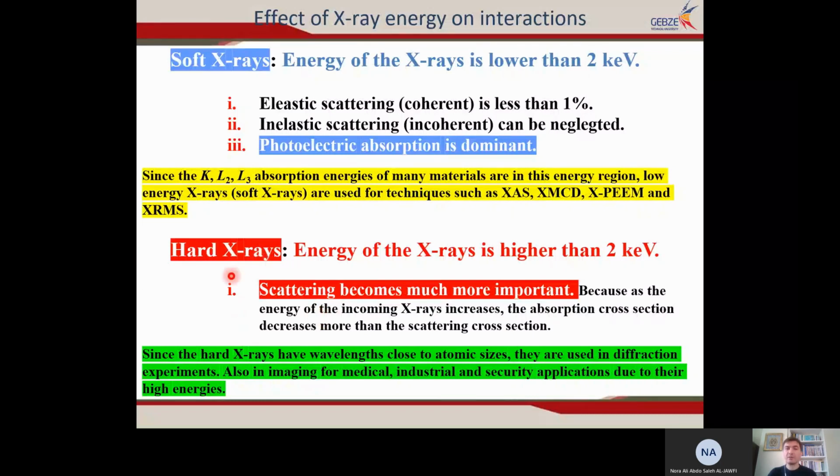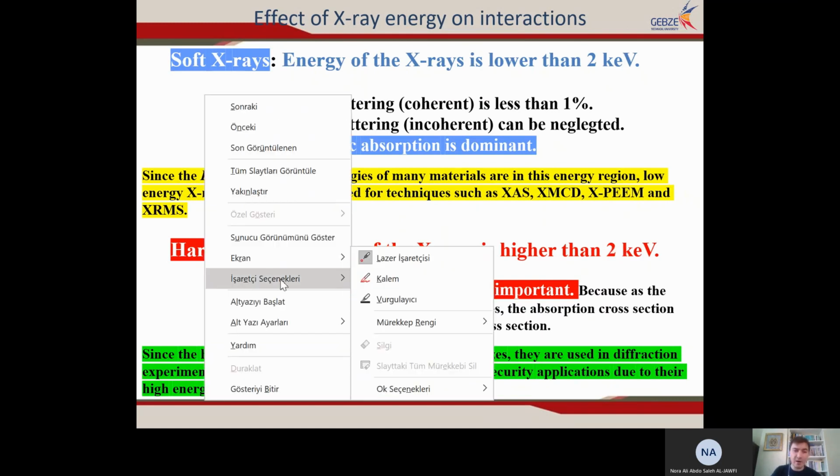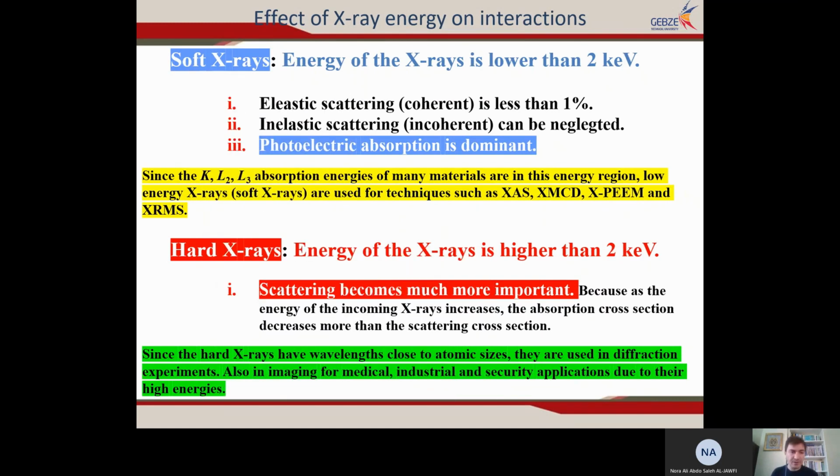Why? We are talking about very energetic X-rays. Energy is higher than 2 kiloelectron volt. For example, let's discuss the copper K alpha radiation. The energy of the copper K alpha radiation is 8048 electron volt, 8 kiloelectron volt, let's say, okay?